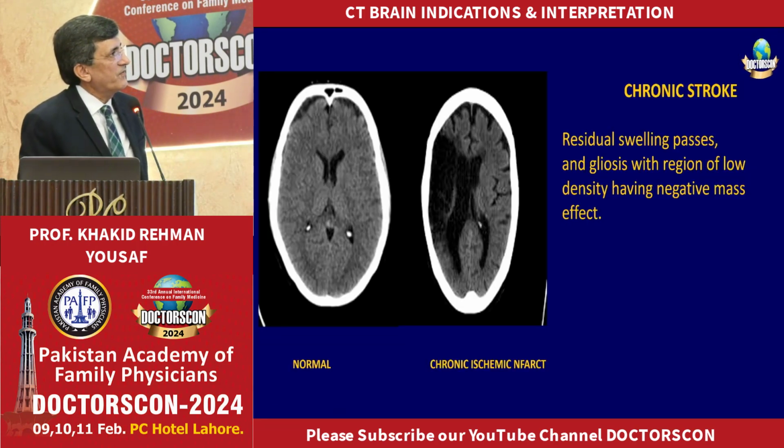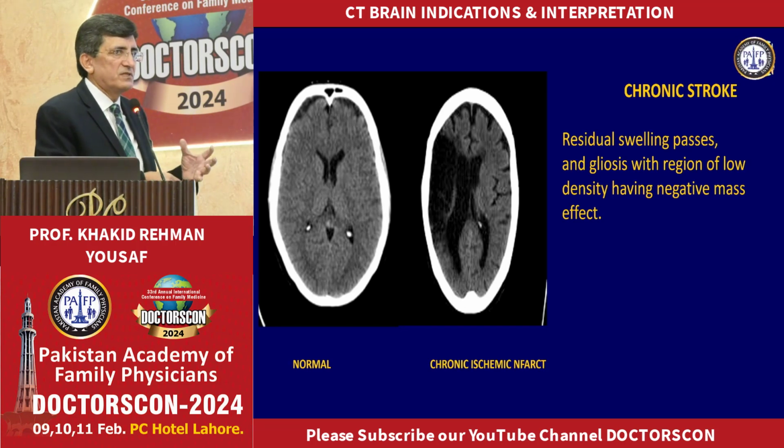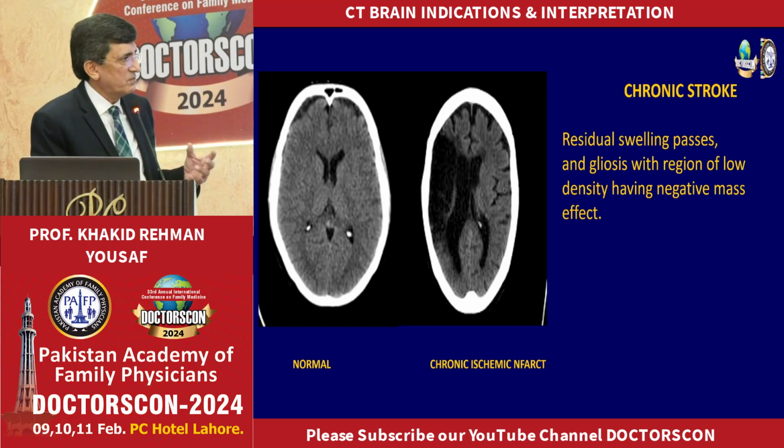One example of chronic stroke, you see the insulted area has liquefied further. This is normal ventricle, anterior horn, but on this side you see the dilated ventricle because the parenchyma has lost its substance due to chronic stroke.